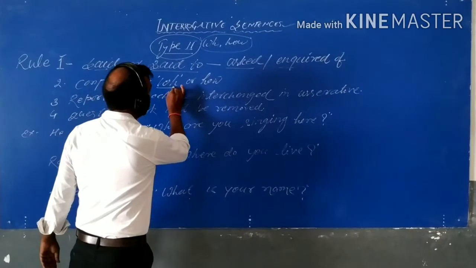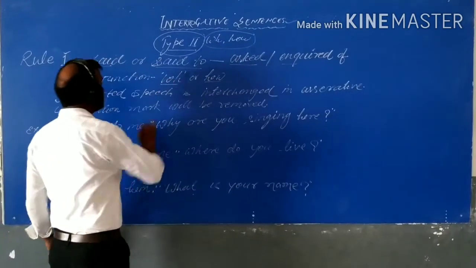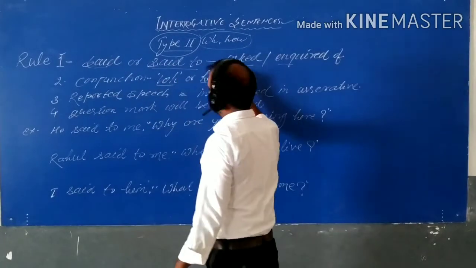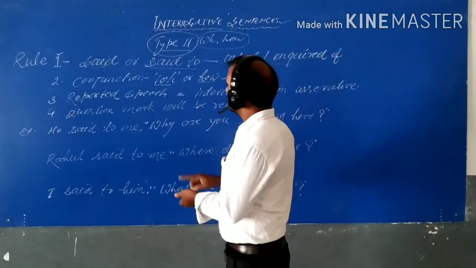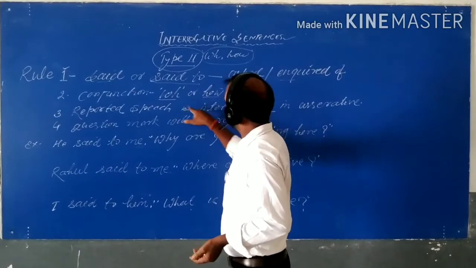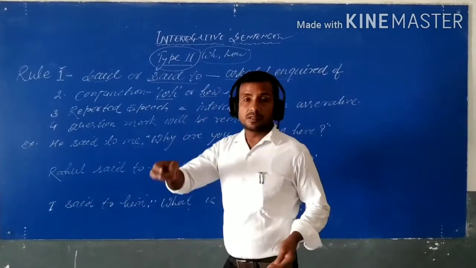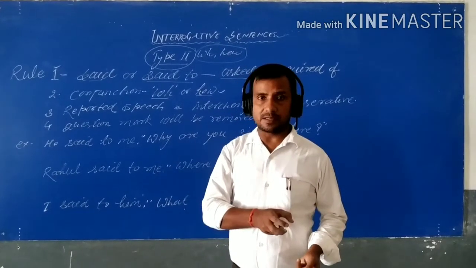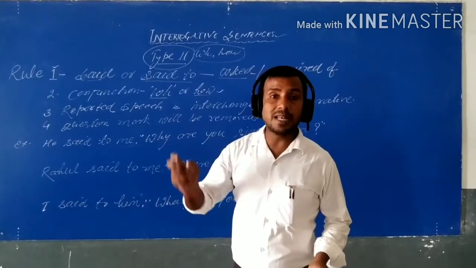For WH words and how, there is no conjunction used. Here a relative can be used. That means the word of interrogation itself is used as a conjunction, as a relative.